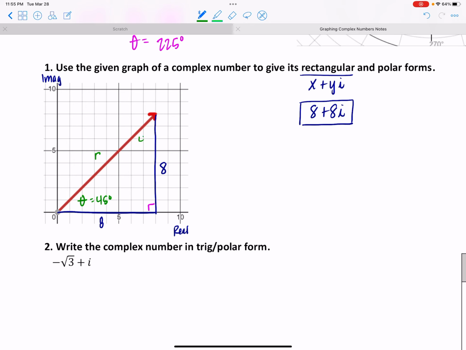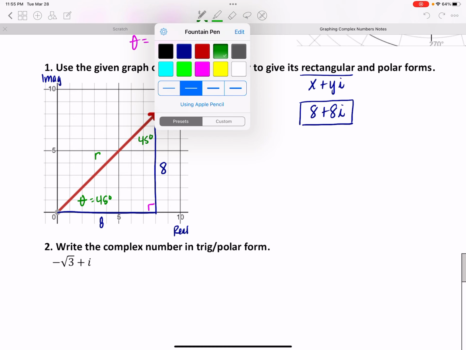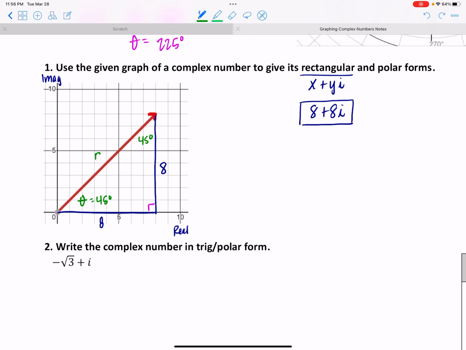We have to have 45 degrees here because, again, if these two sides are equal, these two angles are going to be equal. So I don't even have to do any work to know that theta has to be 45 degrees. And then the radius, I could use the Pythagorean theorem, but I shouldn't have to because this is a 45, 45, 90. Remember, my hypotenuse is my side length times radical 2.